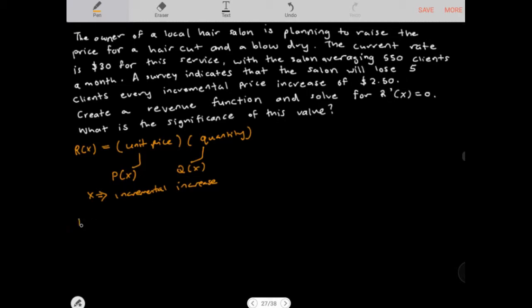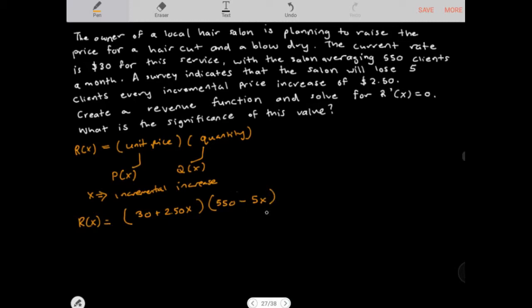So we can understand that the revenue function here is equal to the unit price, which is $30 originally. And at $30 we have 550 clients, but each time we increase the price by $2.50, so 2.5x, where x is the number of increments, we're going to lose 5 clients.